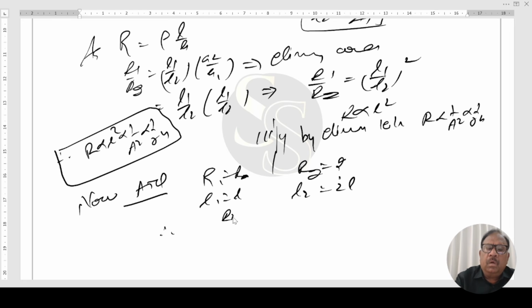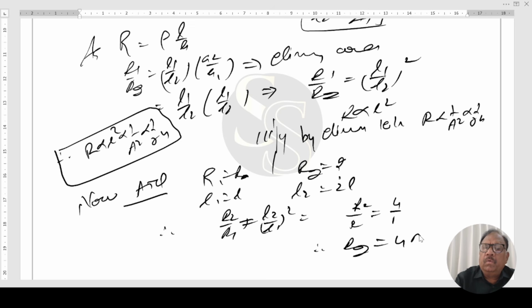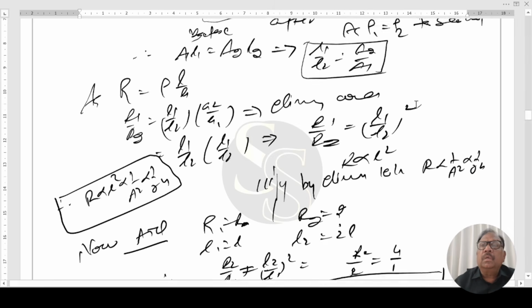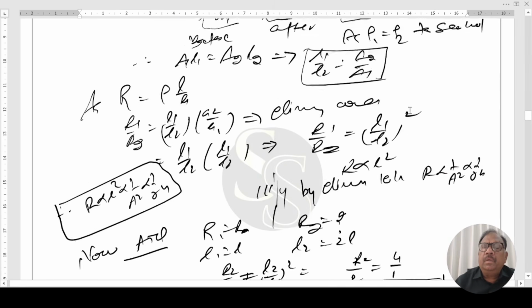Therefore, R2 over R1 equal to L2 over L1 whole square. That is R2 upon R equal to 4 is to 1. Therefore, R2 equal to 4R. This is the answer. Right?